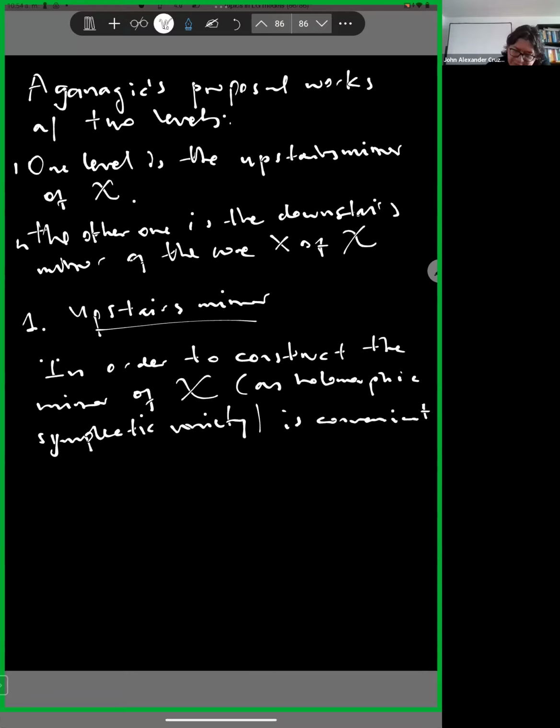It's convenient to consider the Coulomb branch, and then call it Y check, of a four-dimensional theory.